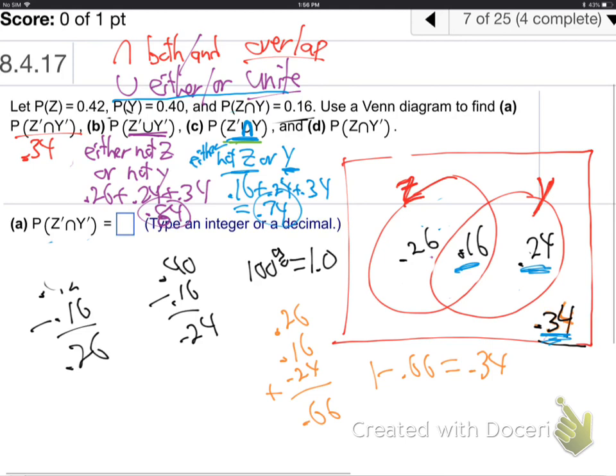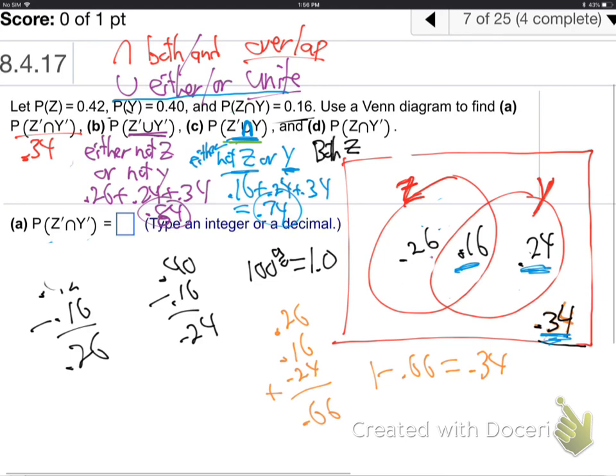Okay, try D. So you can do D there. Okay, so it says you're in Z, you're both.